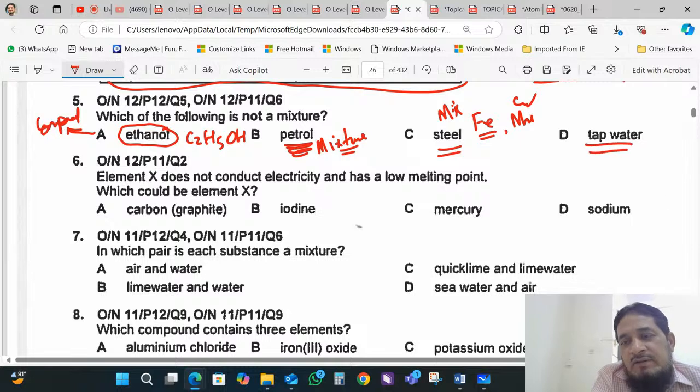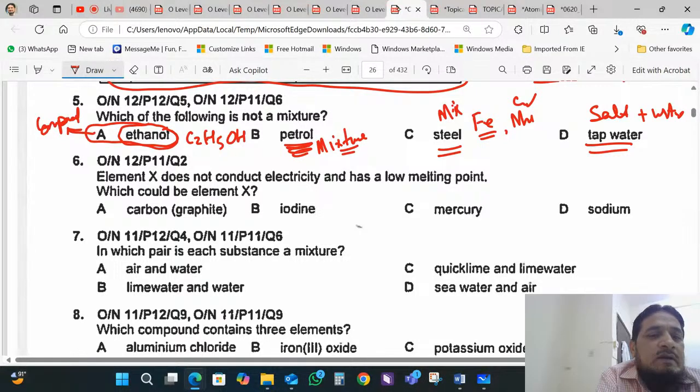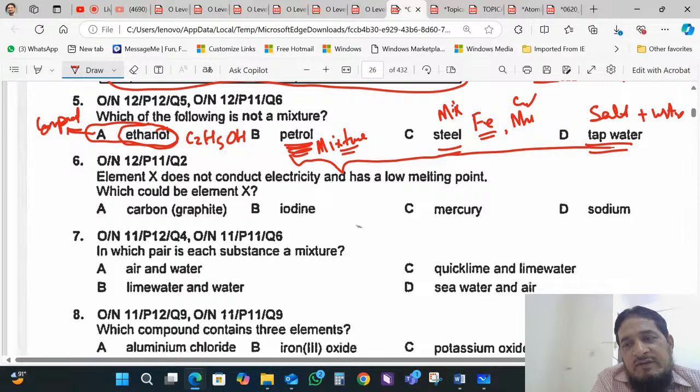Then tap water is a mixture of salt and water, and different salts are there. So he is asking about not a mixture. So ethanol is a compound. So this was your answer. By doing this question, we have discussed that tap water is a mixture of salt and water, steel is a mixture, and petrol is also a mixture.